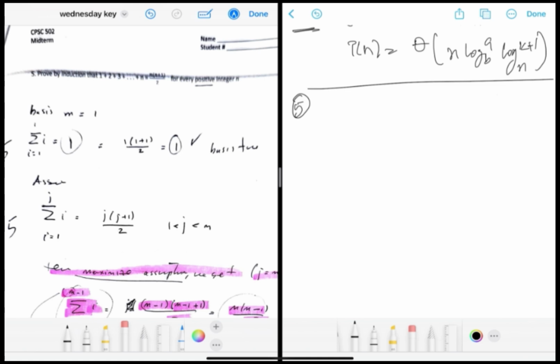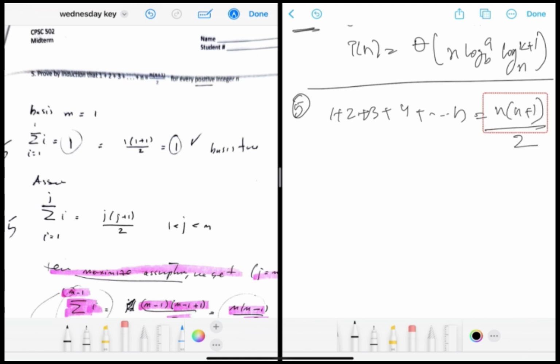The fifth question is proof by induction. It is a question that requires proof, so we were already given the equation that we had to prove, that is 1 plus 2 plus 3 plus 4 up to n is equal to n into n plus 1 by 2.